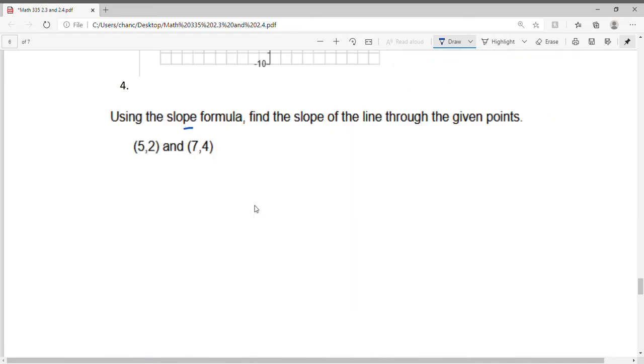Question 4, let's use the slope formula to find the slope of the line that passes through the given points. Recall the slope formula, m equals y2 minus y1 divided by x2 minus x1. Always start by labeling the points. Let's say this is (x1, y1), and let's say this is (x2, y2).